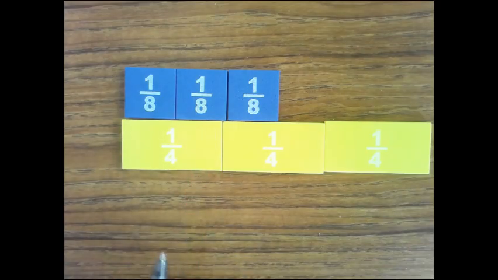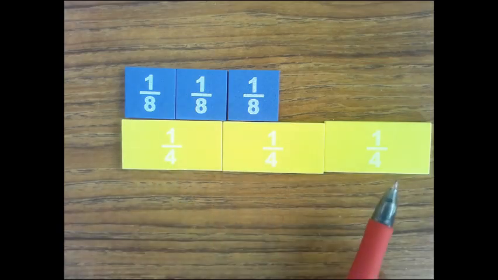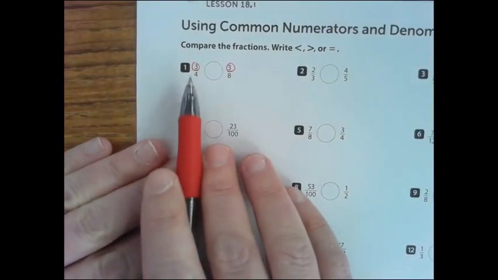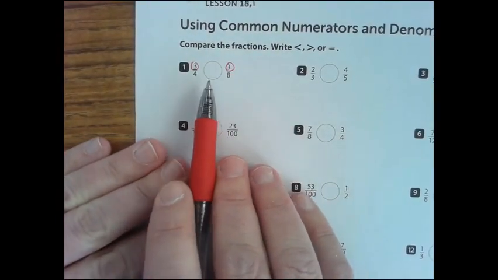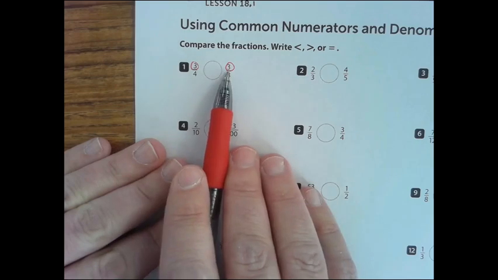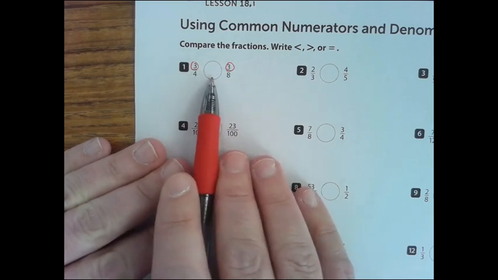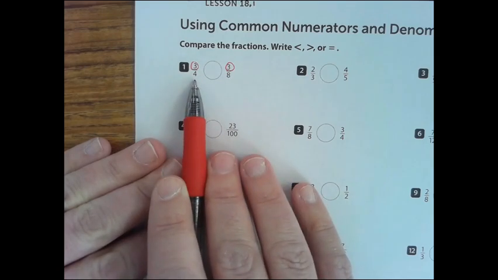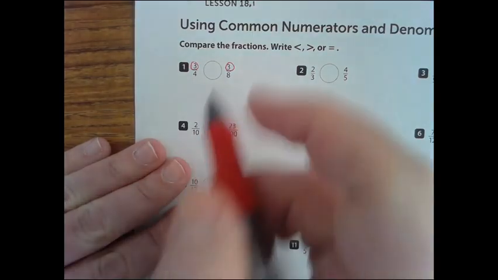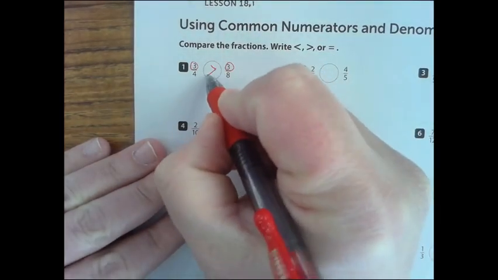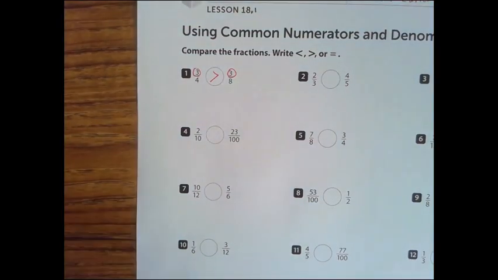So fourths are bigger than eighths. If we have 3/4 and 3/8, we have 3 slices of pizza in each case, but here the slices are bigger. So that means that 3/4 is greater than 3/8.